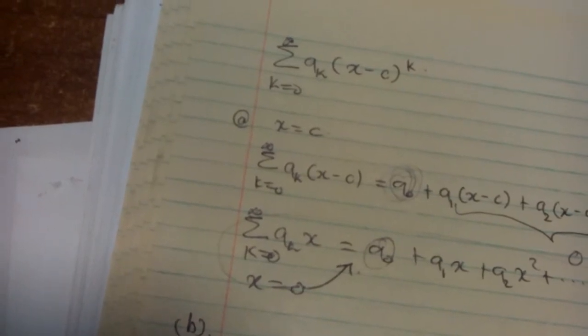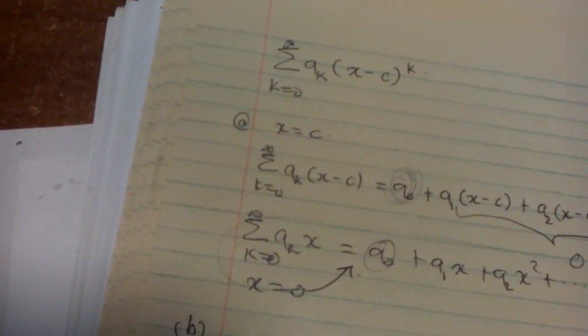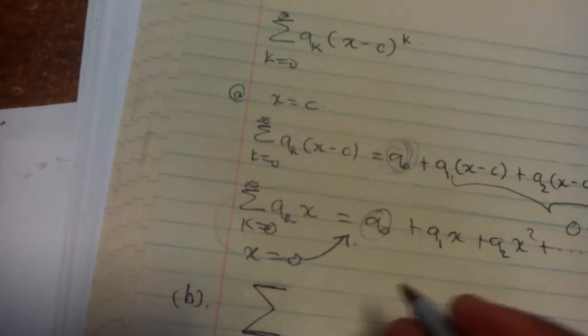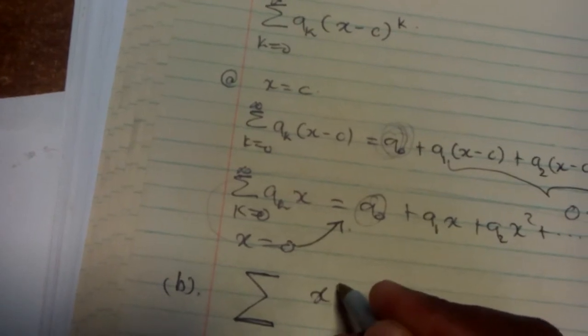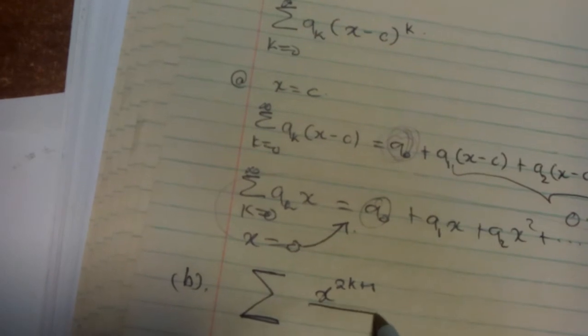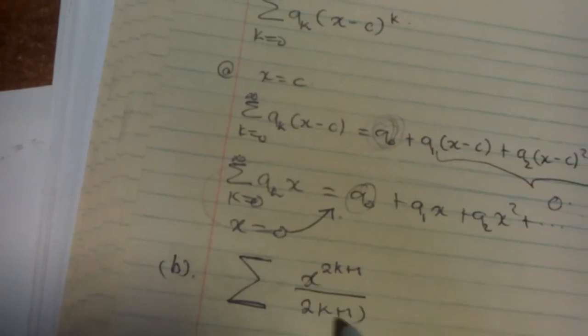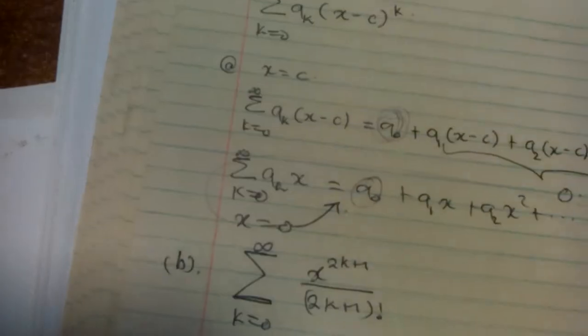That's another possibility. An example of that that I can think of off the top of my head is the Maclaurin series for sine, which is given by x to the power 2k plus 1 over 2k plus 1 factorial for k equal to 0 up to infinity.